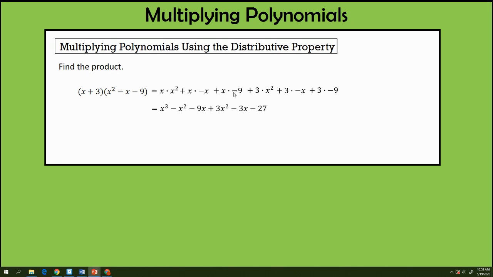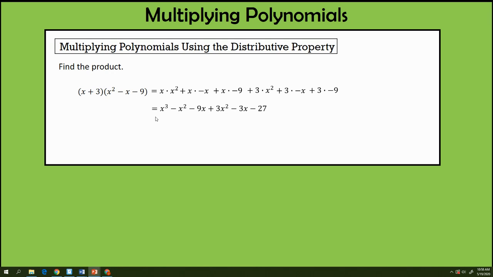Positive x times a negative 9, this is a negative 9x. 3 times x squared is 3x squared. 3 times negative x is negative 3x. 3 times negative 9, negative 27. So, here's our simplified polynomial. Once we've distributed it, we got 1, 2, 3, 4, 5, 6 terms.